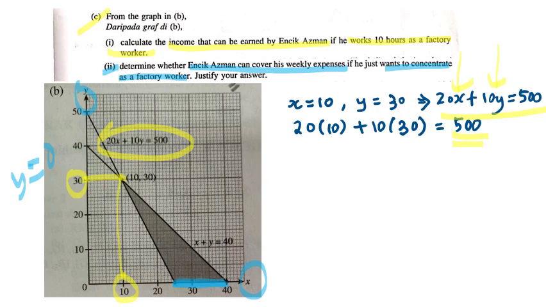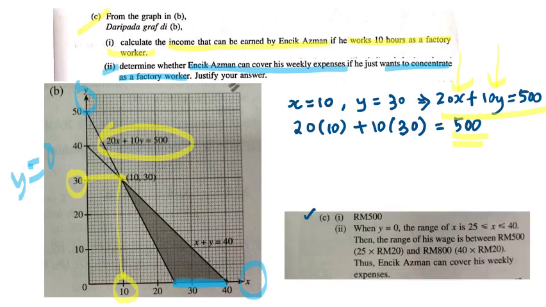It will be here, 25 and 40. So you use the 25 hours and 40 hours to calculate the income.